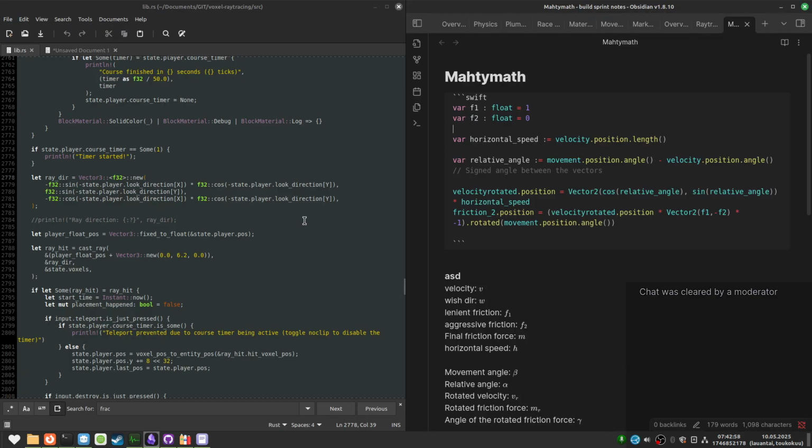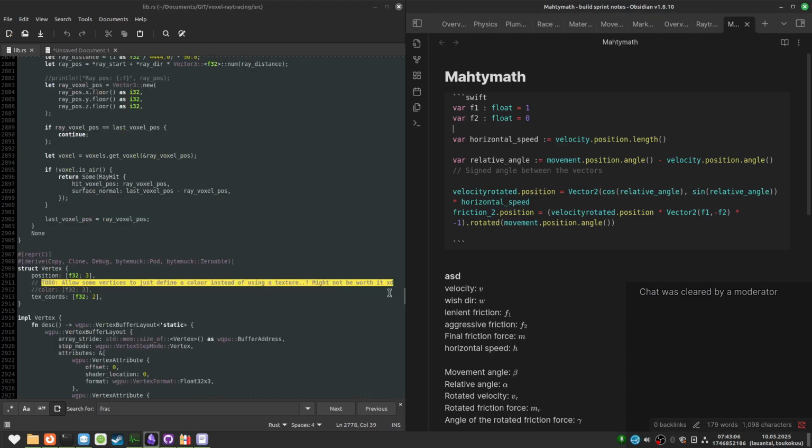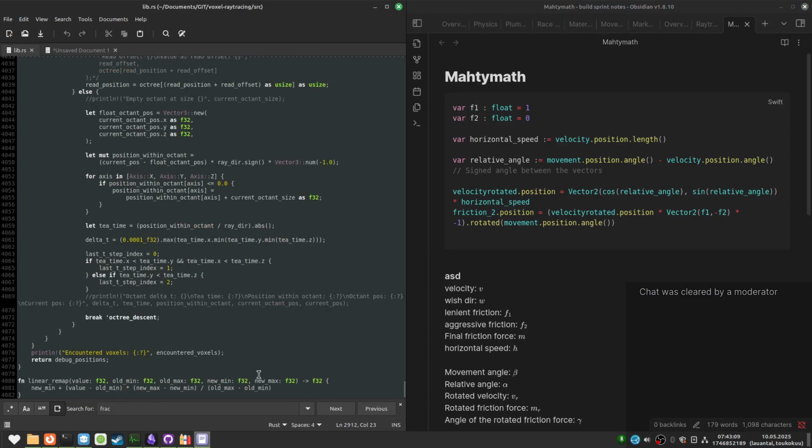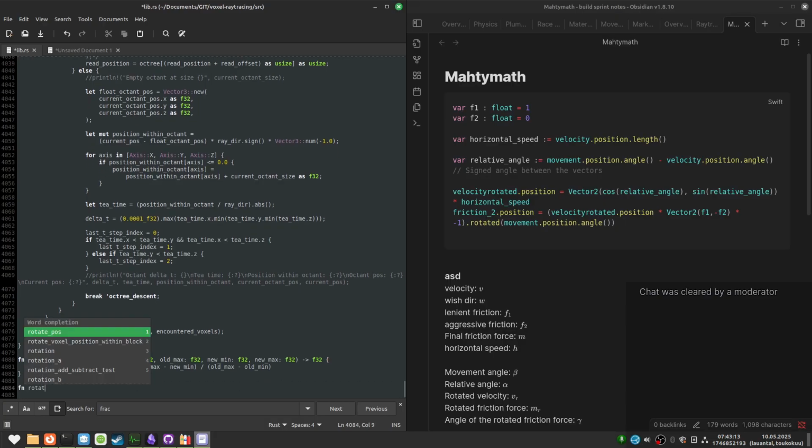Don't rotate. I don't think I have anything to rotate a vector with. So I'm gonna make a quick helper function.